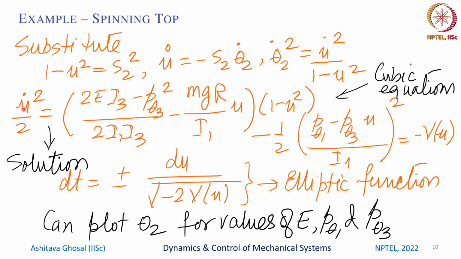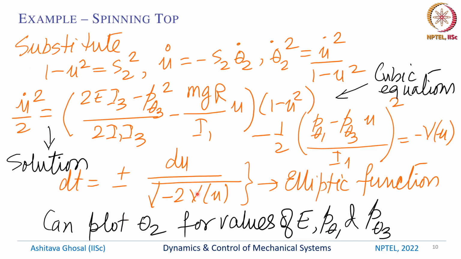So what is u dot? du by dt. It turns out that we can now solve for dt, not du. So this is du by dt whole square into half. So 2 can go to this side, and we will have 2 into minus some v, which is a function of u, equal to du by dt whole square.